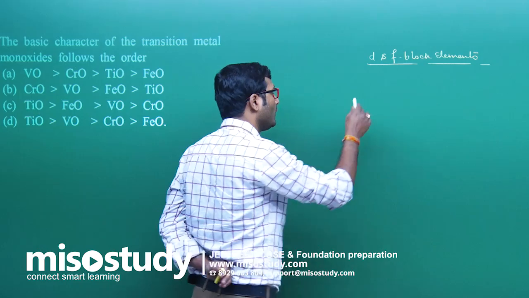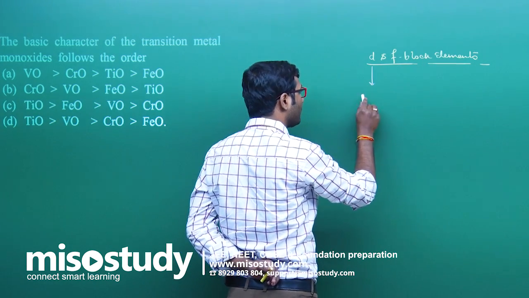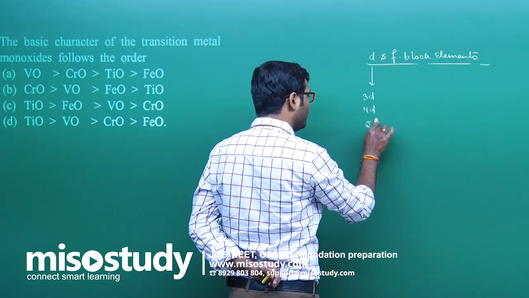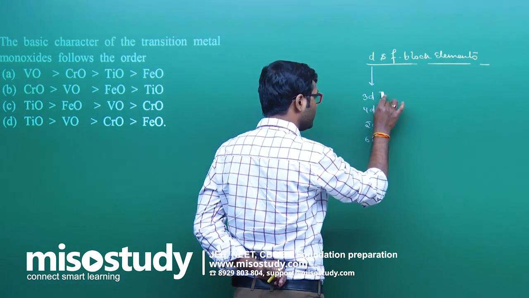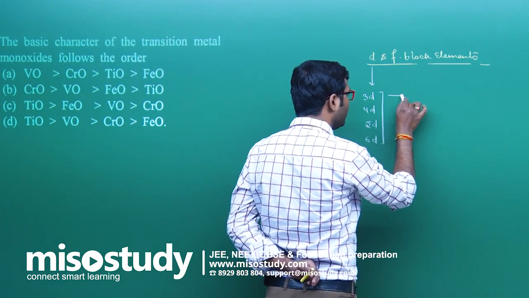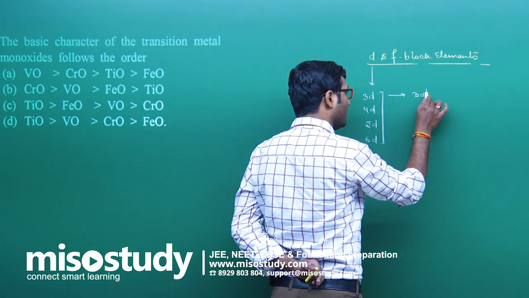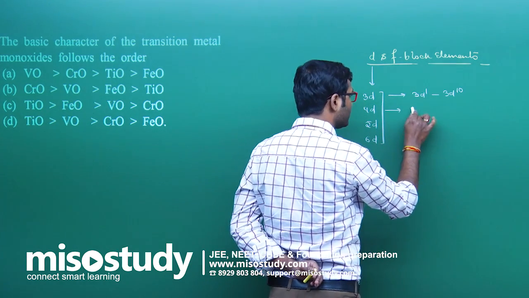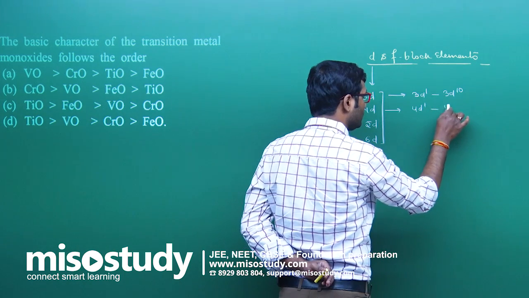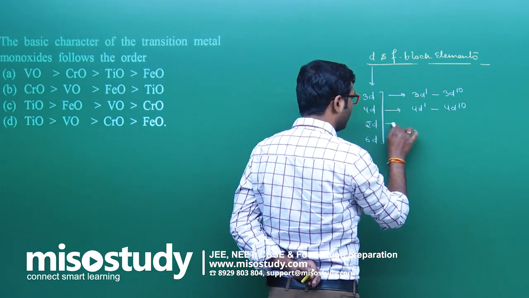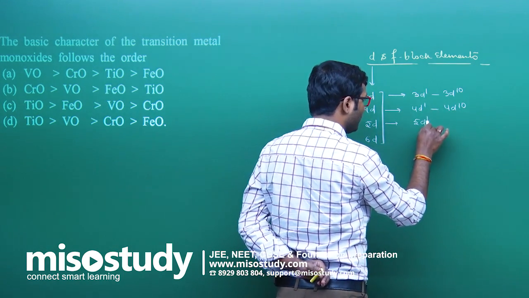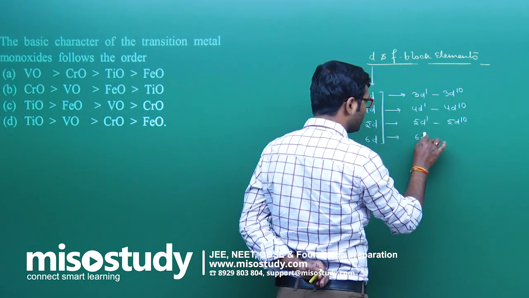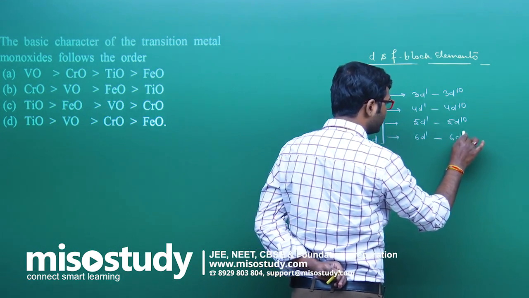Clear? We know there are four series of D block, that is 3D, 4D, 5D and 6D series. 3D starts from 3D1 to 3D10, 4D series starts from 4D1 to 4D10, 5D series starts from 5D1 to 5D10, and 6D series starts from 6D1 to 6D10.